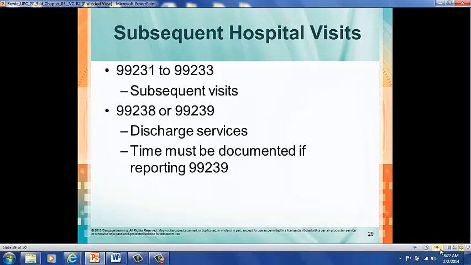The coder would use code 99238 or 99239, and these codes are time-based and include all services provided to a patient on the date of discharge. Code 99238, Hospital Discharge Day Management, 30 minutes or less, is the standard discharge and is used to indicate that the work involved in discharging a patient took approximately 30 minutes or less.